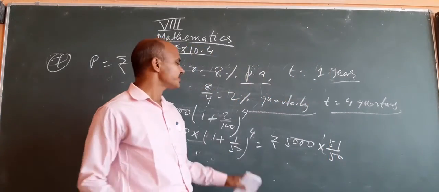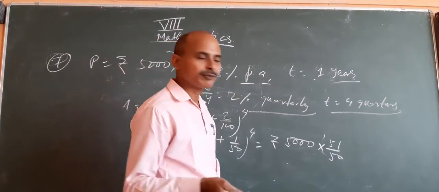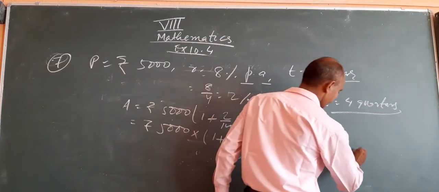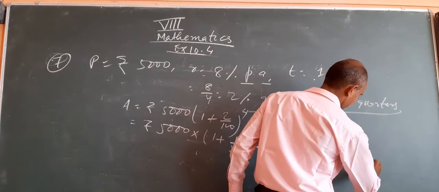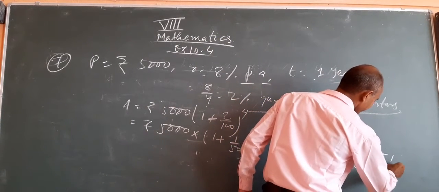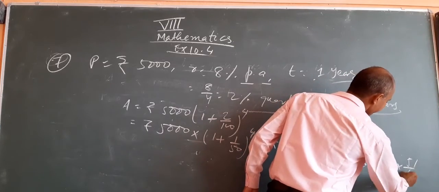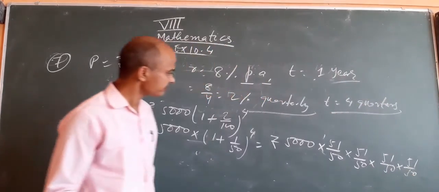Power 4 means 4 times we have to write 51 by 50: 51 by 50, 51 by 50.